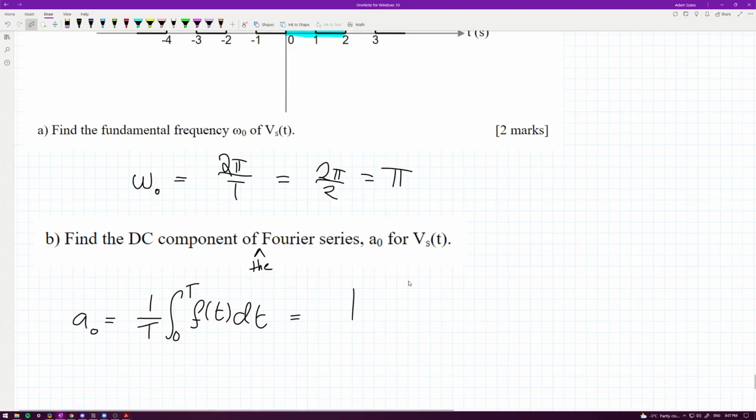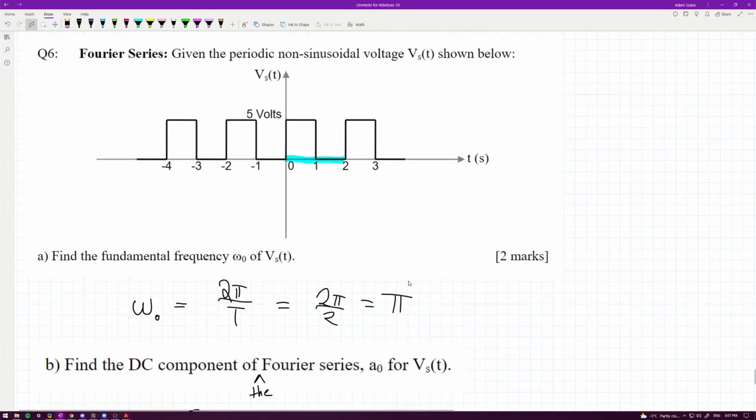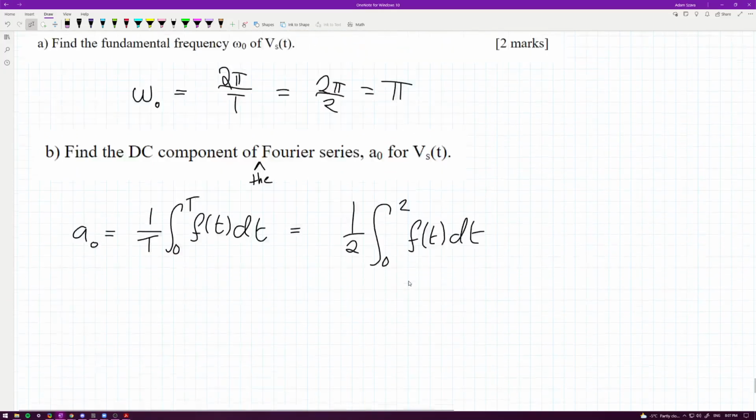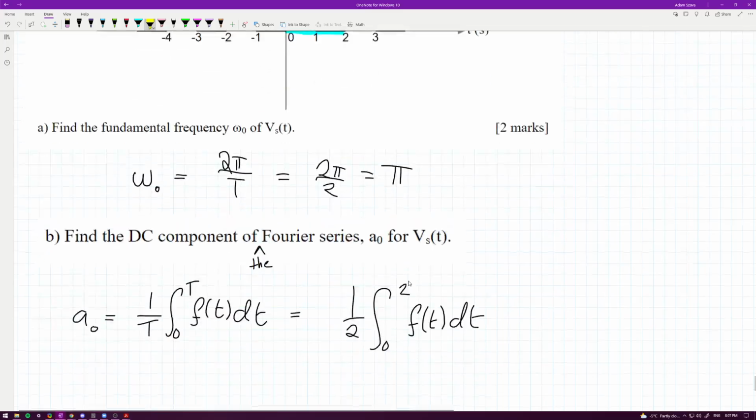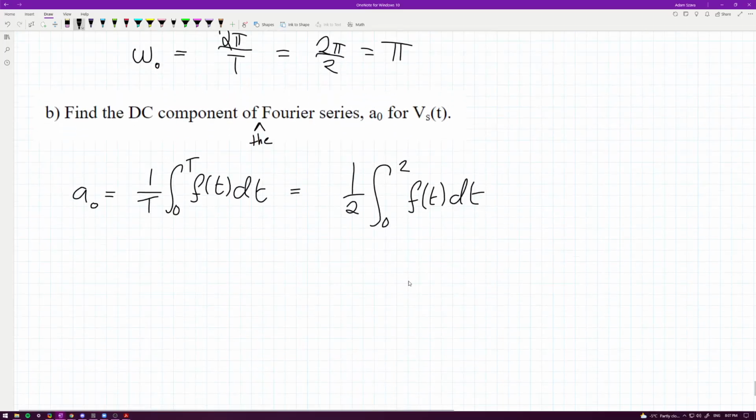So that is 1 over 2 times the integral from 0 to 2 of f of t dt. That integral is just the area under this curve, which is 5 times 1, so it's 5. This equals 1/2 times 5, which is 5 over 2. That's your DC component.